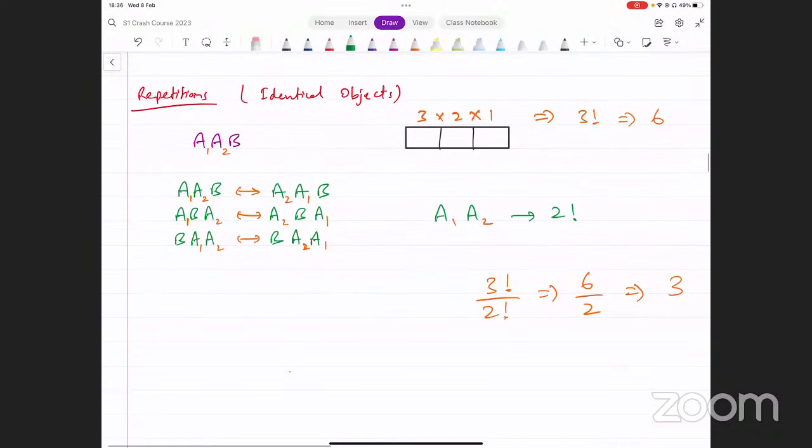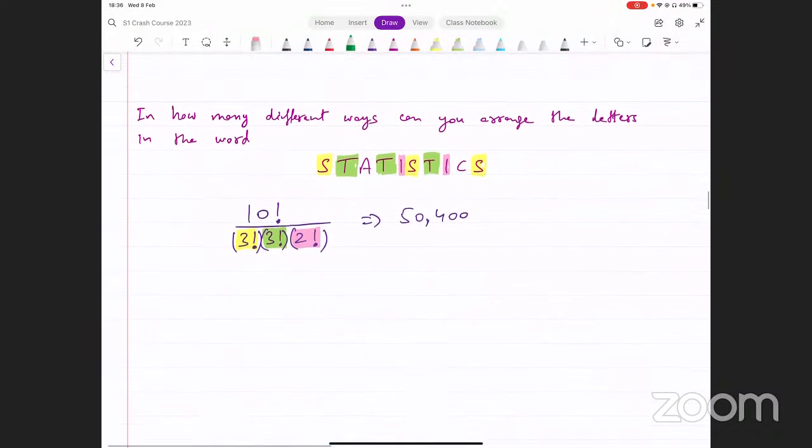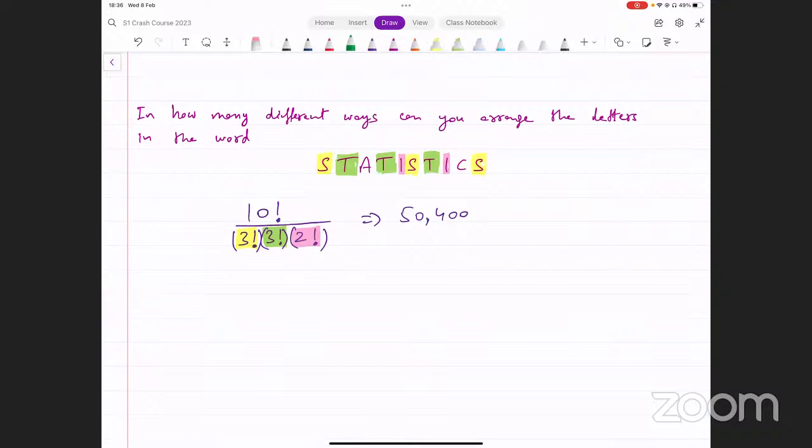We talked about repetitions after that. When we have repetitions, we could still use the permutation notation, but remember, the repetitions that you have still have to be handled separately. So in this case, if you were to use permutation notation, it would work like this. In the numerator, instead of 10 factorial, you could say you're arranging 10 out of 10 objects.